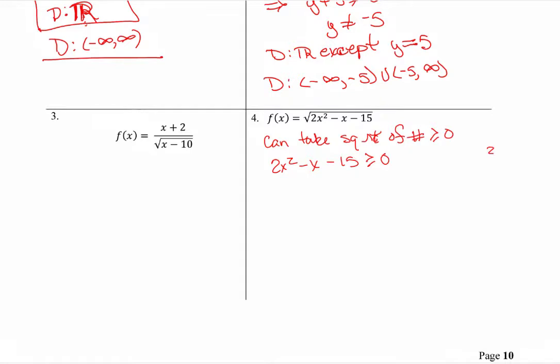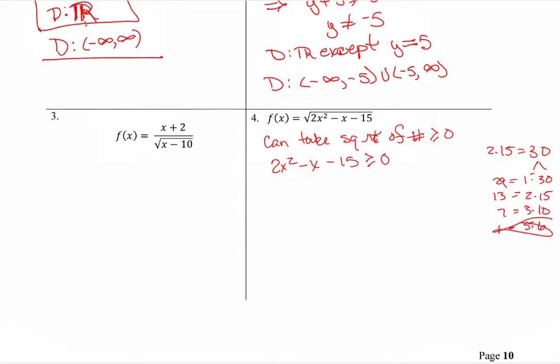So 2 times 15 equals 30. So 30 is 1 times 30, 29. 2 times 15, 13. 3 times 10, 7. 5 times 6, 1.